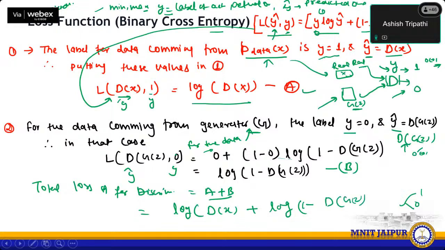I hope this is very simple mathematics, and you are getting it if you have listened to the lecture carefully. You can understand this concept very easily, because this is a simple mathematical equation. I have just put the values inside this.